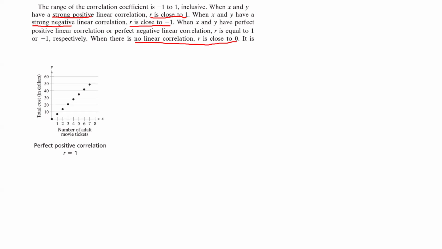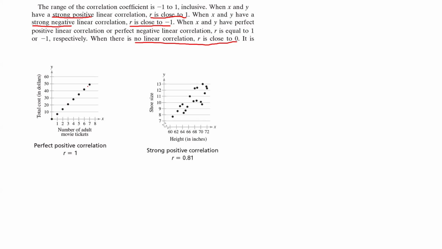So in this case, we have a perfect positive correlation. As you can see, the data are lined up on an increasing line. In this case, R is 0.81, which shows a positive correlation, and it is a strong positive correlation.